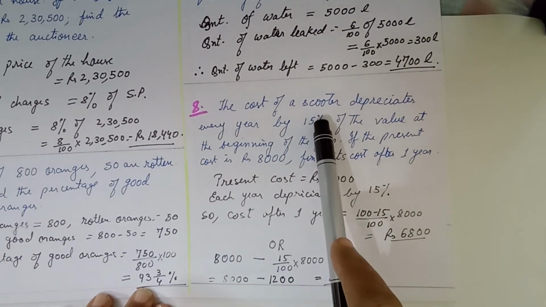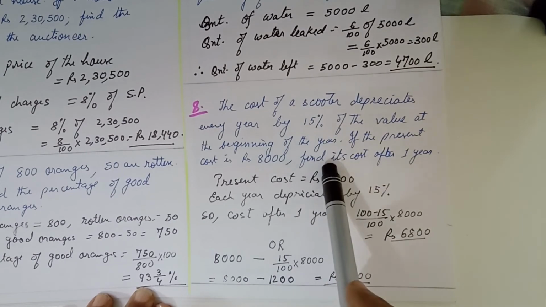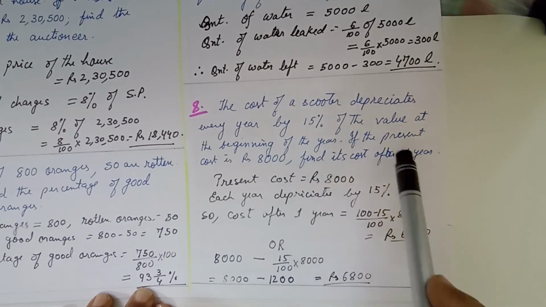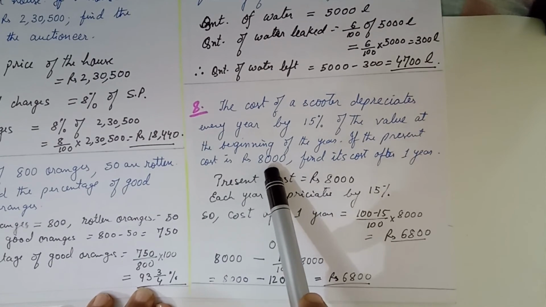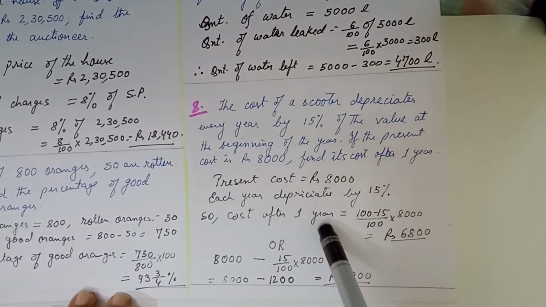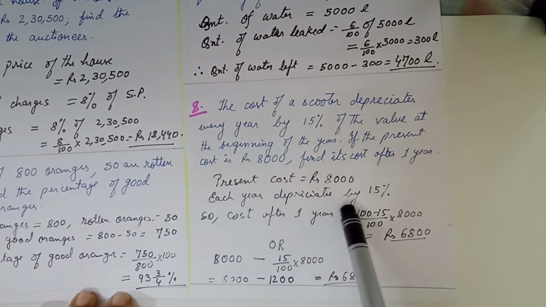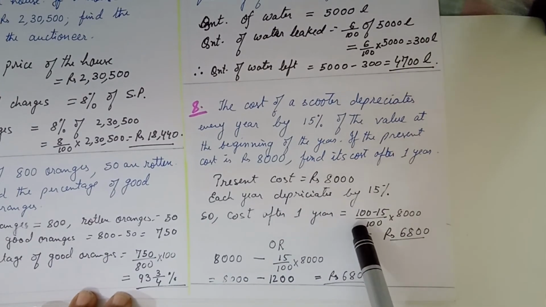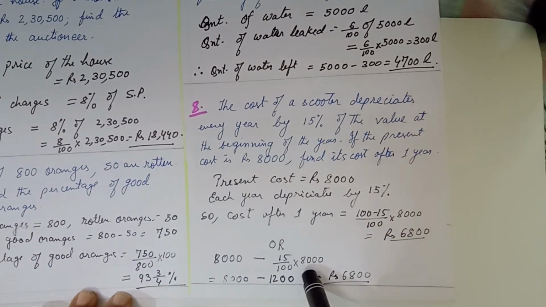So the depreciation is 15% of its present value. If the present value is 8,000, how much will be its cost after 1 year? Means after reduction. So depreciation is 15% of 8,000.